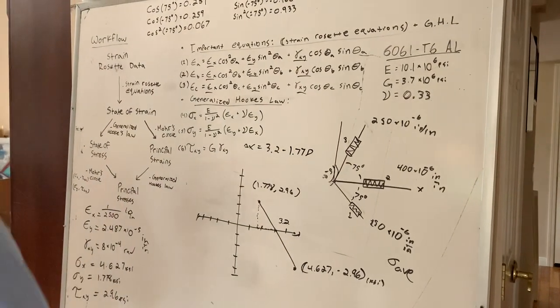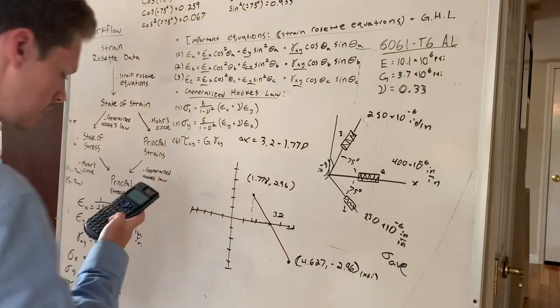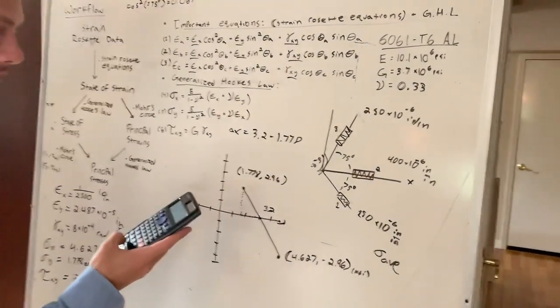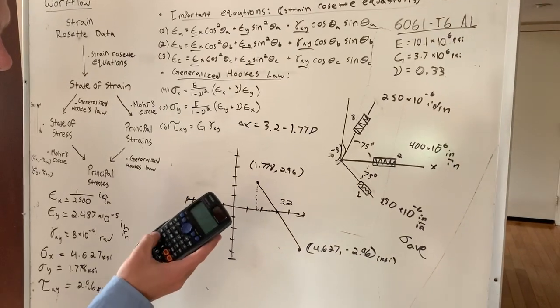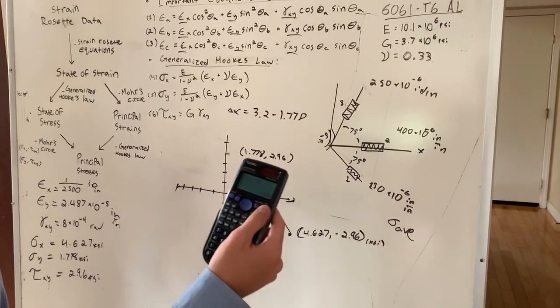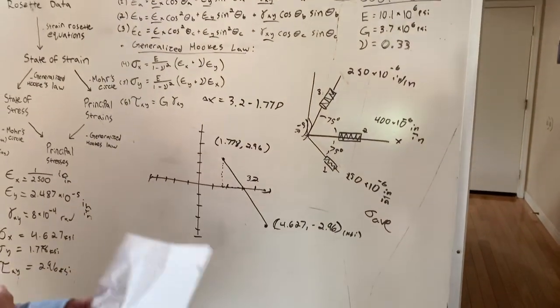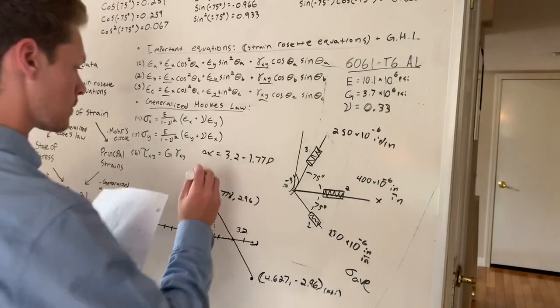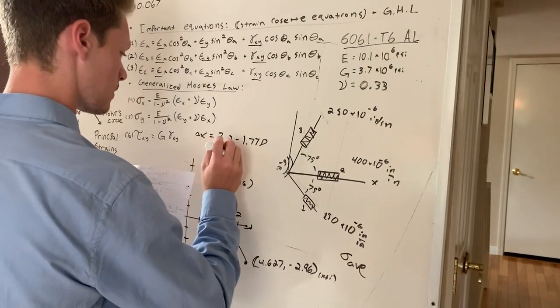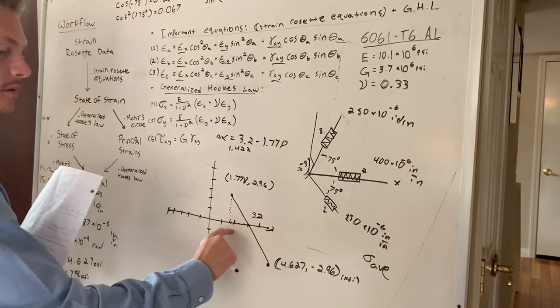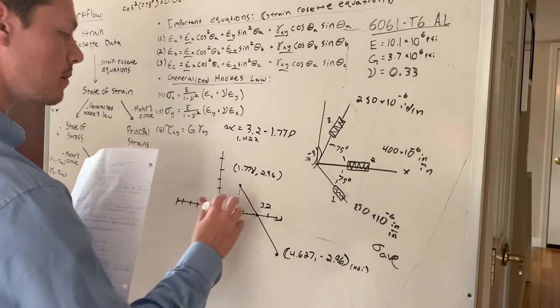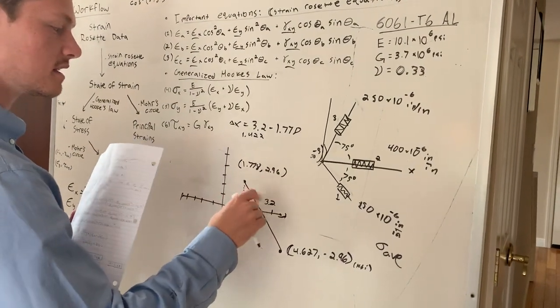The change in x will be 3.2 minus 1.778, which is 1.422. So that's just going to be this bottom side of the triangle. The top part is easy, it's just going to be 2.976.